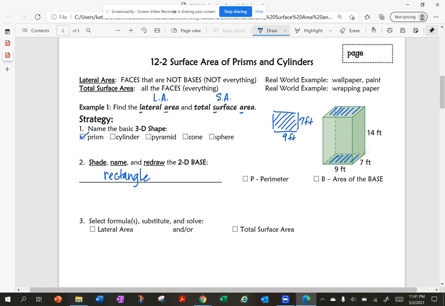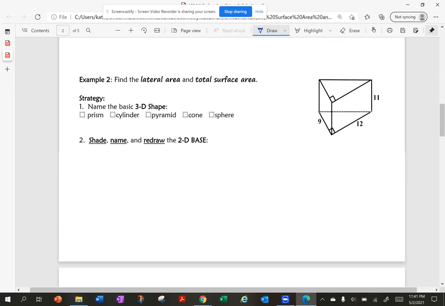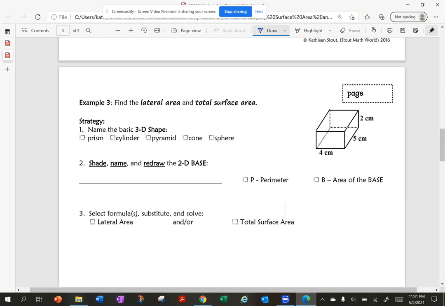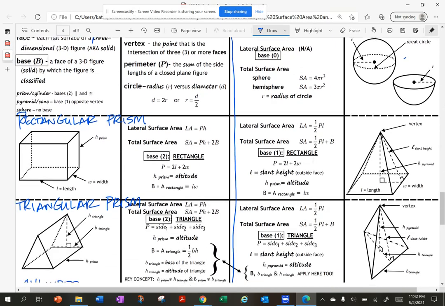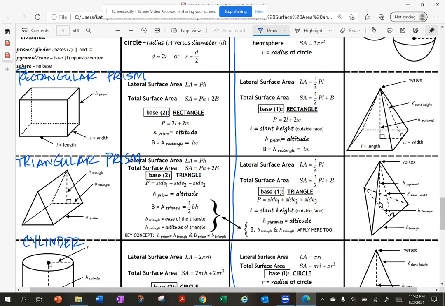Next I want to select the formula, so we're going to go to our foldable here. For a rectangular prism, I'm going to use the bases, the top and the bottom.